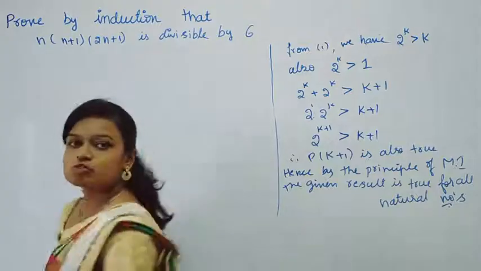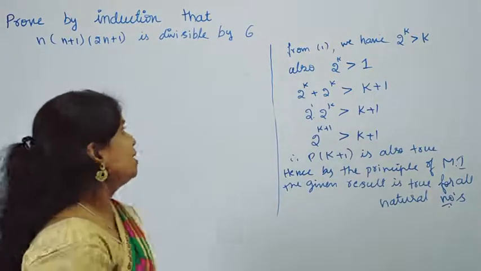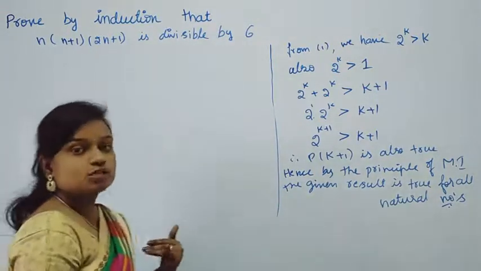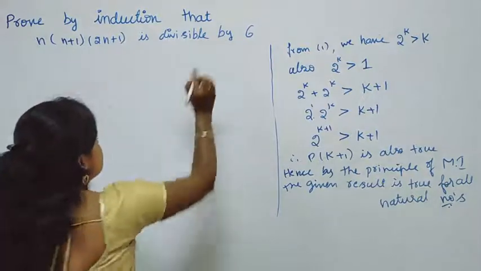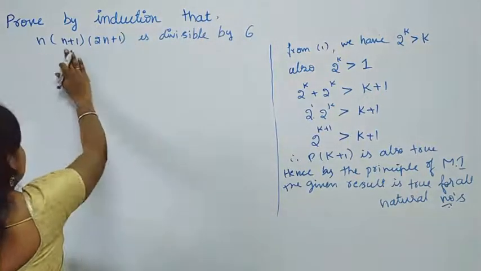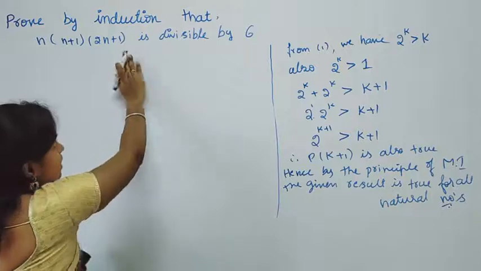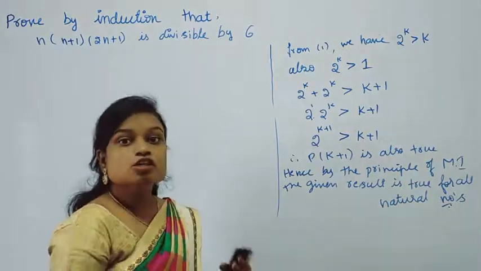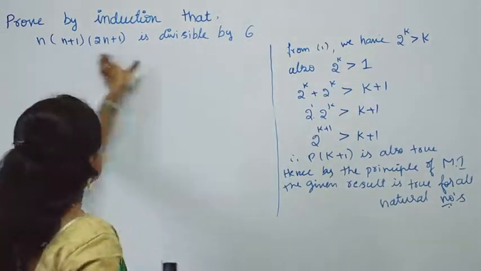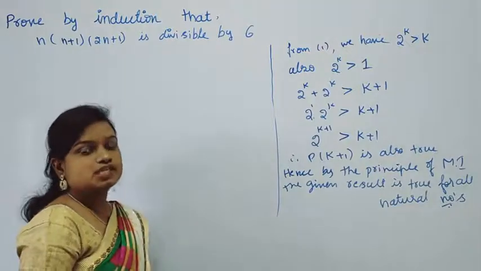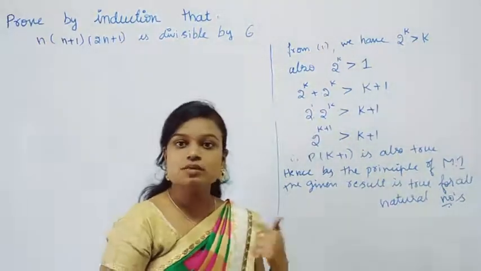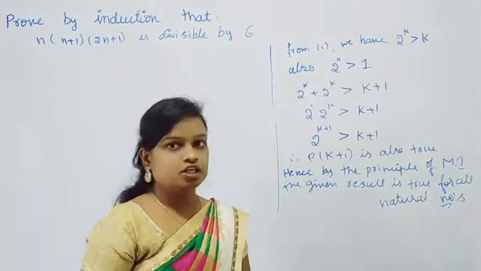So this problem is quite different. So what is the problem? Prove by mathematical induction that n into n plus 1 into 2n plus 1 is divisible by 6. So we have to show that this number is divisible by 6 using the principle of mathematical induction. Okay.